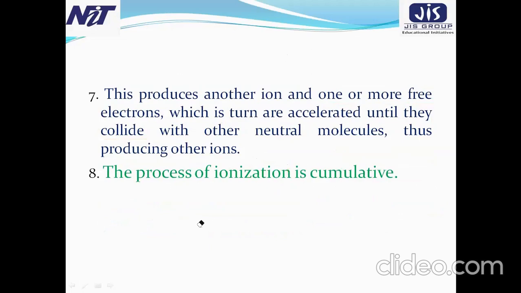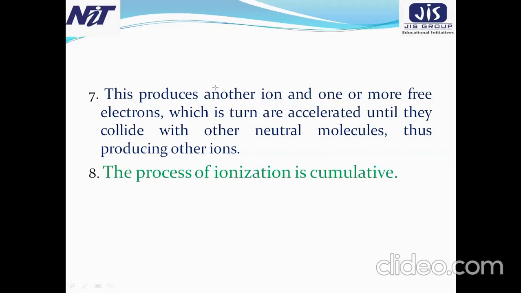So for the effect of point 6, another ion and one or more free electrons will be produced, which in turn are accelerated until they collide with other neutral molecules, thus producing other ions. So in this way, other ions will be produced.